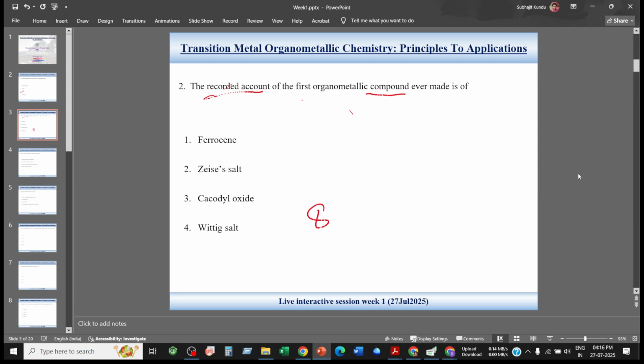What is the formula of it? CH3 twice, As. Can you repeat? Dimethyl arsenic oxide.